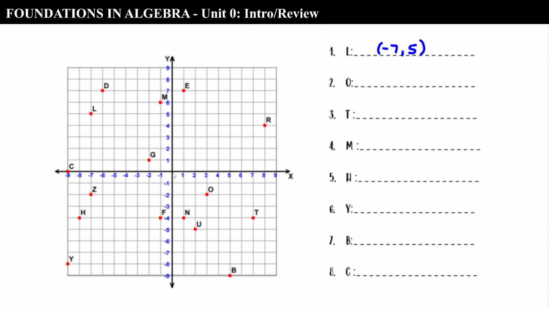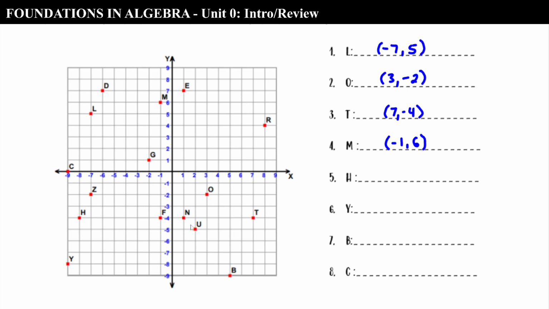For O, we have 3, -2. For T, we have 7, -4. For M, we have -1, 6.